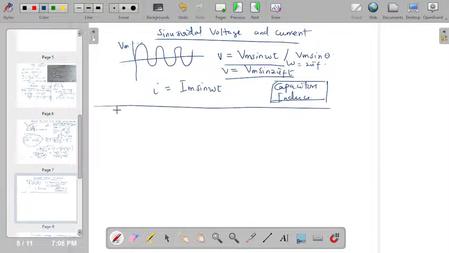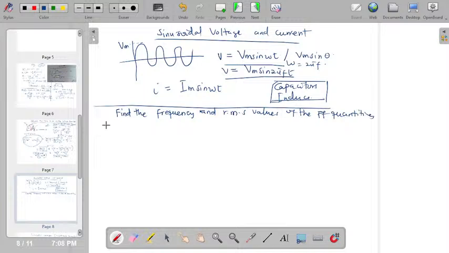Find the frequency and RMS values of the following quantities. So I'm giving you alternating quantities.